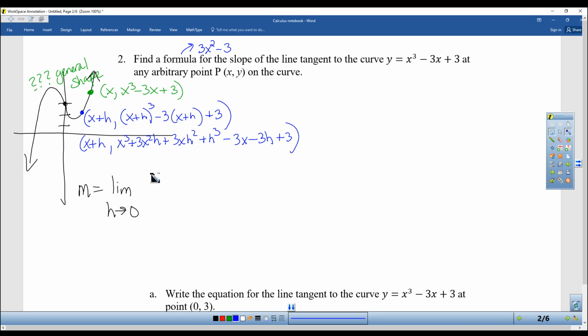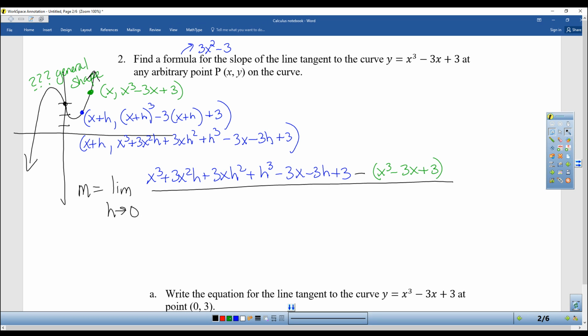So now I'm going to do the blue. I always do the bigger one first as my y2, so there's less places I have to distribute the negative when I do minus y1. Lots of places to go wrong. h cubed minus 3x minus 3h plus 3 minus y1, which is x cubed minus 3x plus 3, all over x plus h minus x.